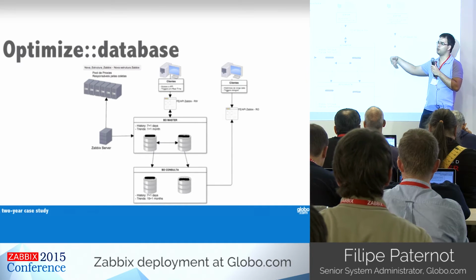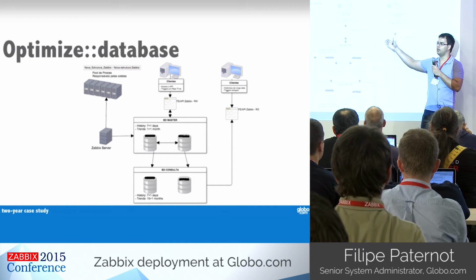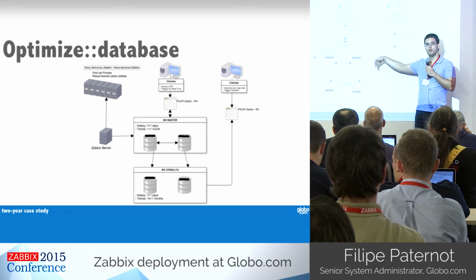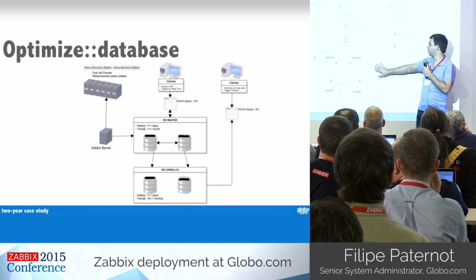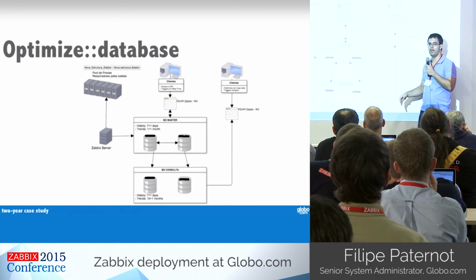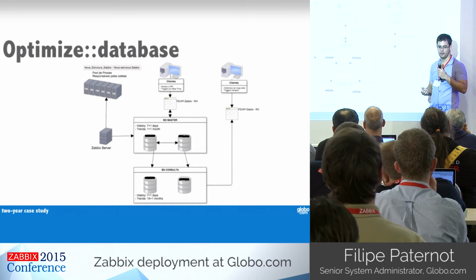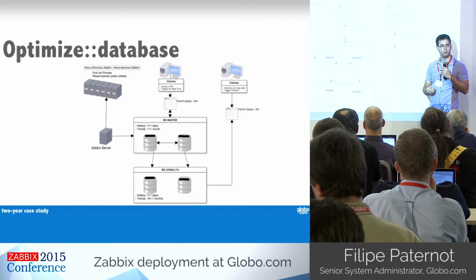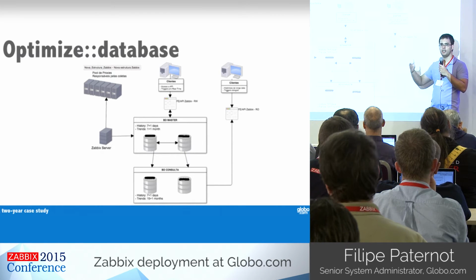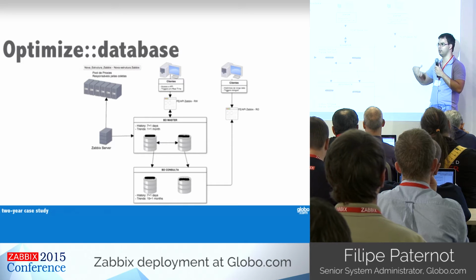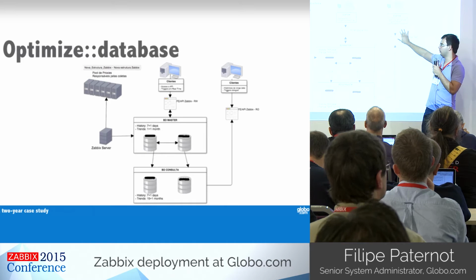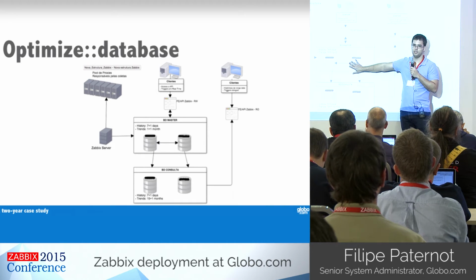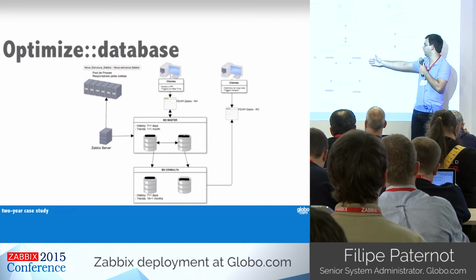In other words, people who create templates, manage Zabbix in general, and acknowledge alarms. So operations would be here. As we have a huge number of development teams that want to check on their stuff, their hardware, their services, they are using this database. So it does not impact Zabbix in any way.